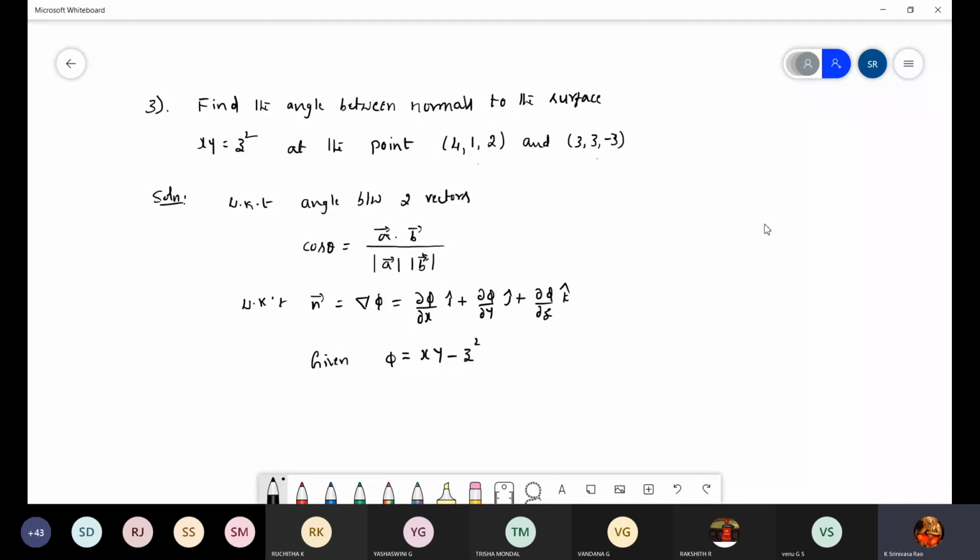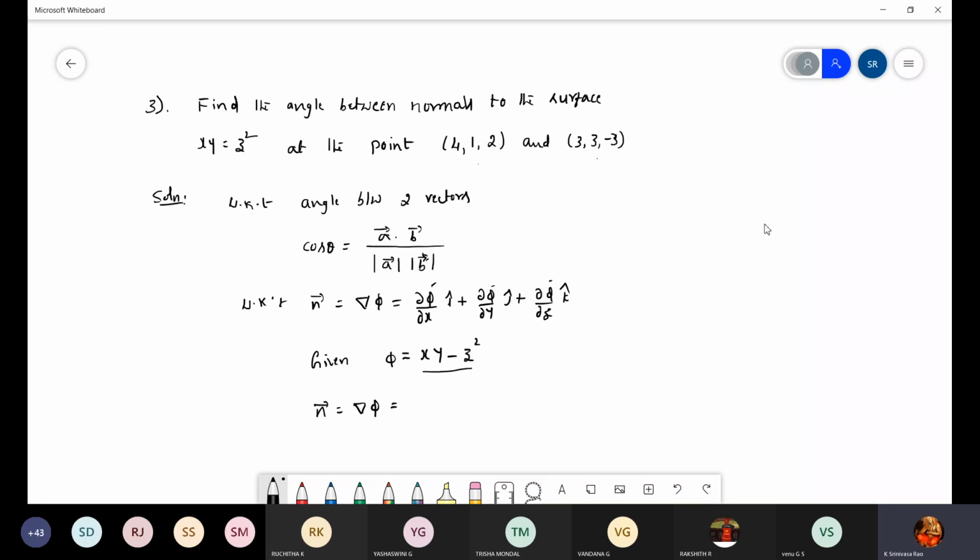So grad phi, or n, equals grad phi. You can differentiate directly, otherwise you can substitute xy minus z square for phi with respect to x, with respect to y, and with respect to z.